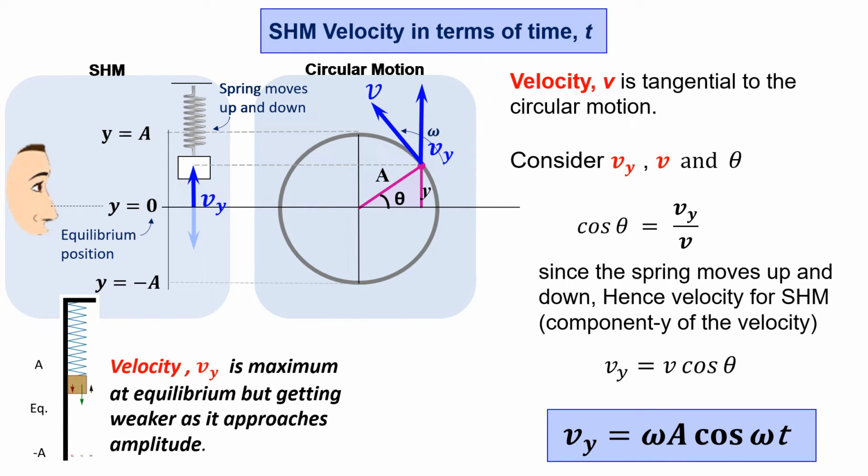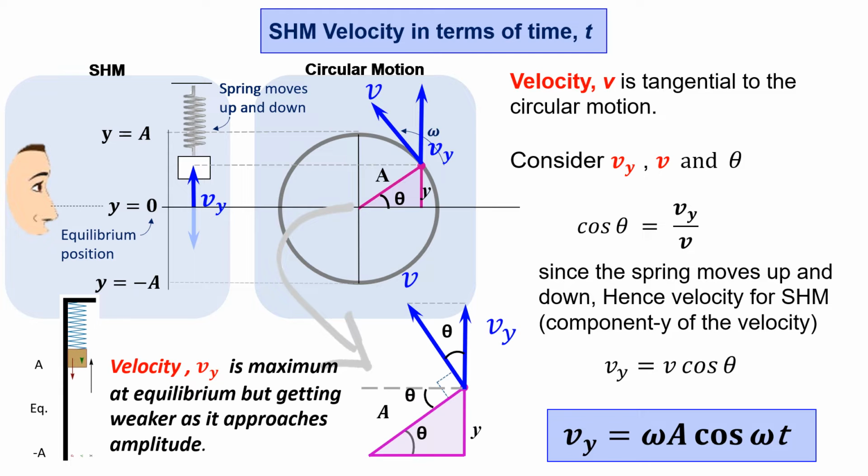Vy ni kita dapat di mana? Sebab pergerakan objek ini adalah ke atas dan ke bawah, so ia akan menghasilkan Vy. Pada masa yang sama, bila kita relatekan dengan circular motion, wujudlah V tangential. Dan kita akan keluarkan segitiga di sini, segitiga warna biru ni.